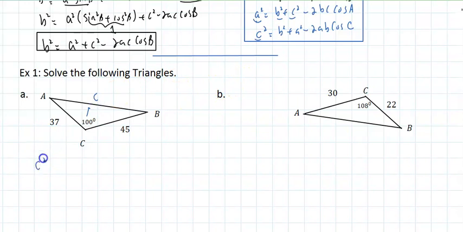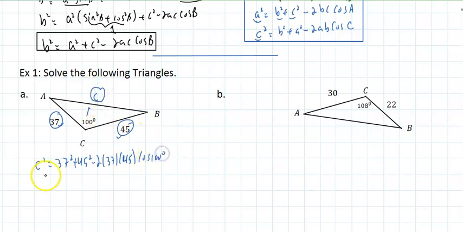I know that C squared equals this side squared plus this side squared minus twice the product of the sides times the cosine of the angle opposite of this side, which is 100 degrees, and C will equal the square root of that answer.